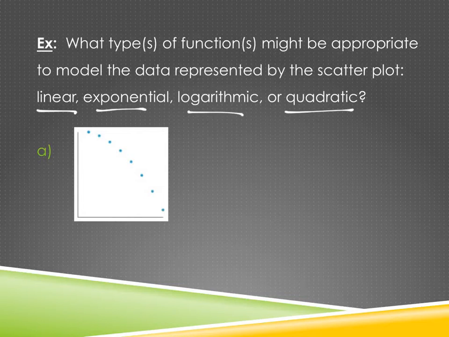If I took this image and I flipped it around, it would look like the logarithmics that we were dealing with. But our logarithmics, if they were decreasing, were concave up. And this is decreasing and concave down, so it doesn't work. Could this be quadratic? Yes, we would be seeing only half of a parabola, but I told you in the last slide that that's totally okay. So the only one here that works is a quadratic.